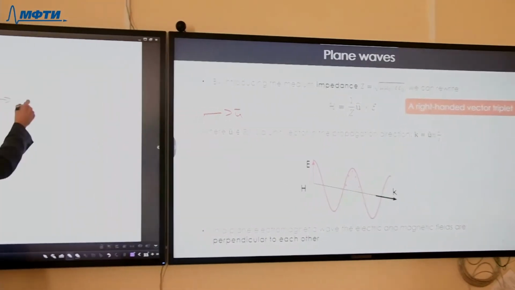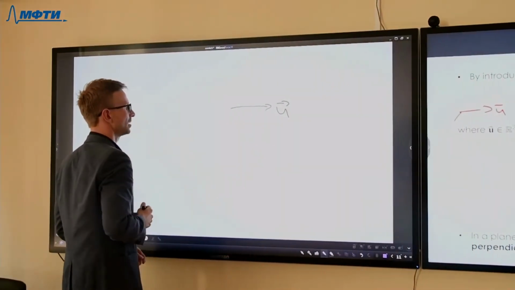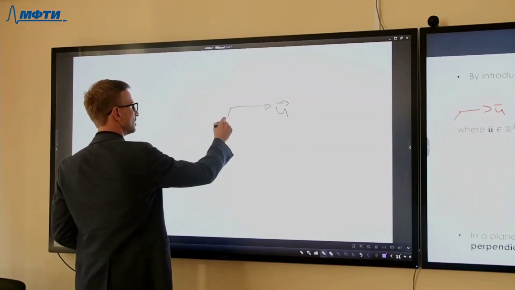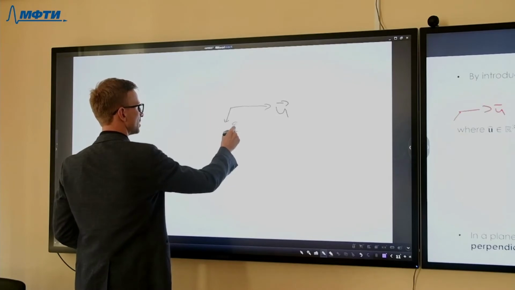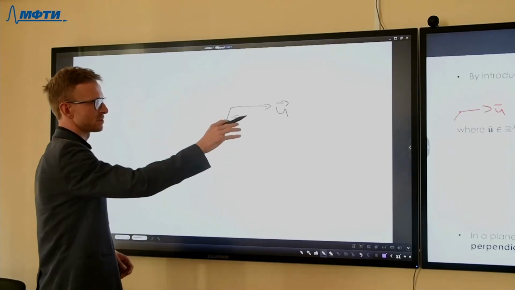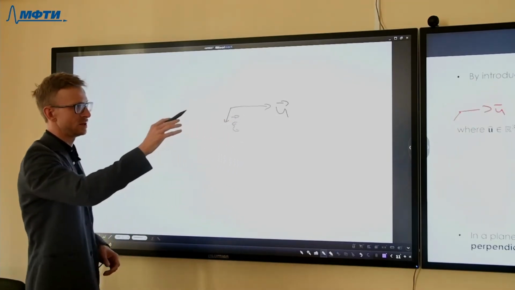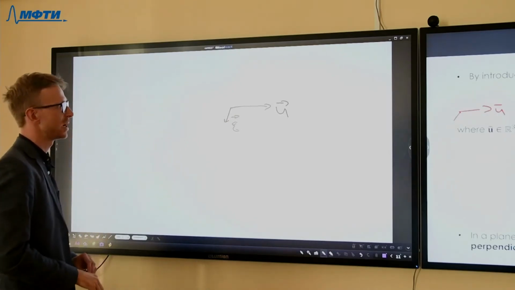So I have u, I have the unit vector, and I have the electric field, the polarization vector. So this expression tells me that these three vectors must form a right-handed triplet.